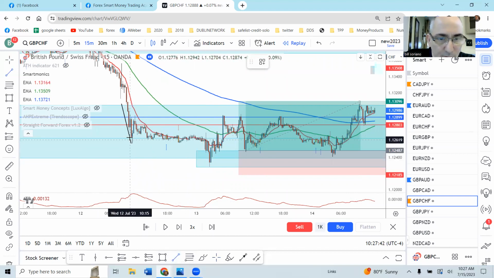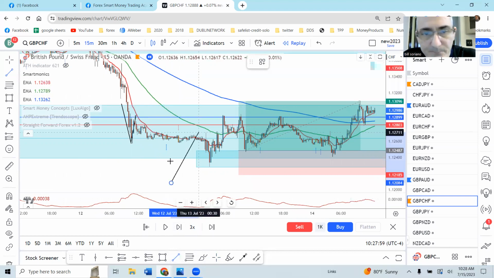Then you get this move back up to here, right? Then you get a move down lower.